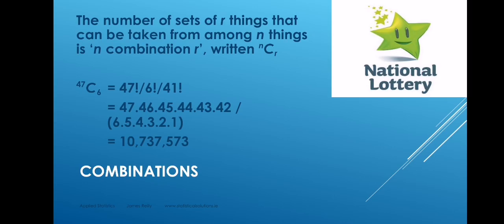It doesn't matter in which order the person selects the numbers, provided they select the particular winning set. So 47C6 is 47 factorial divided by 6 factorial divided by 41 factorial. And the result there is 10,737,573.